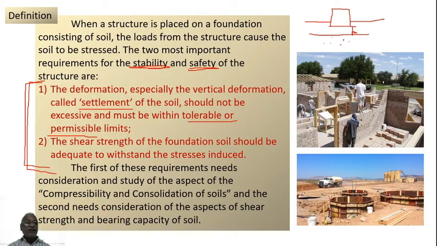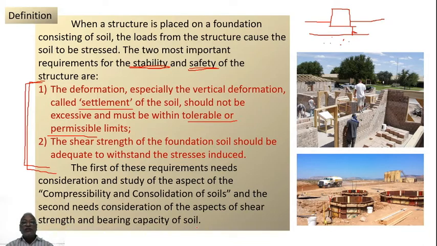And the second needs consideration of the aspects of shear strength and bearing capacity of the soil. This bearing capacity you are going to learn in geotechnical part 2, that is applied geotechnical engineering. But anyway, that gives you safe bearing capacity.